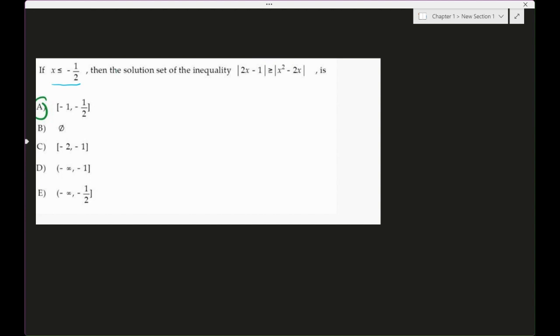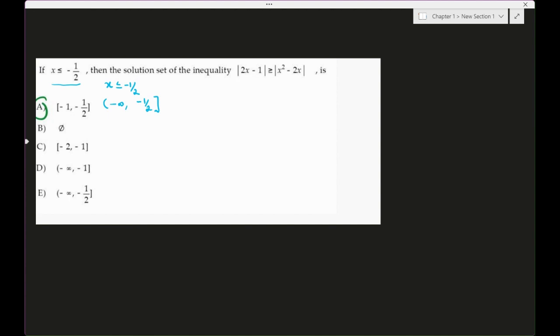What does x less than or equal to minus half mean? It means any real number in this interval, right? So that is the condition.